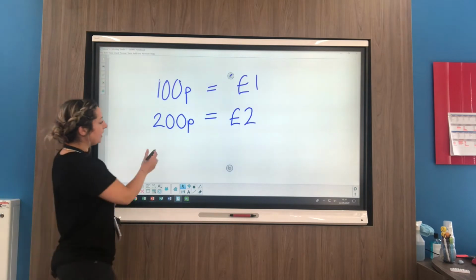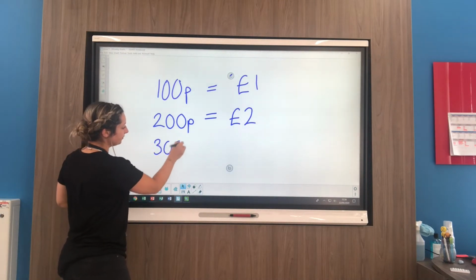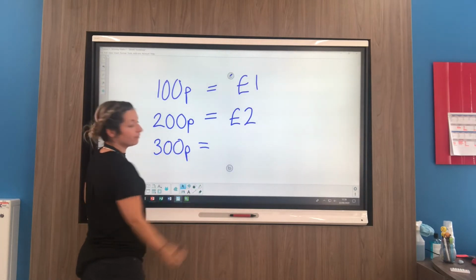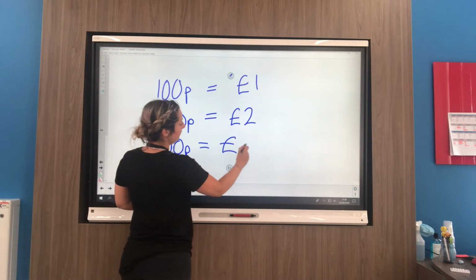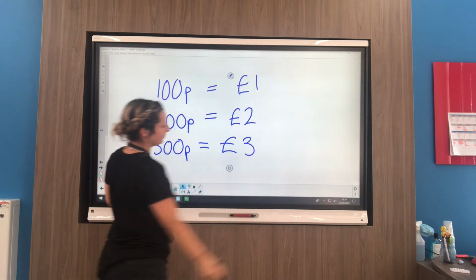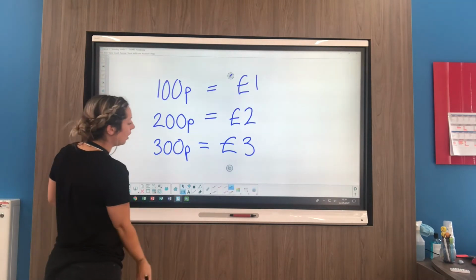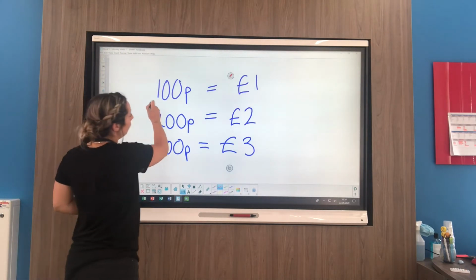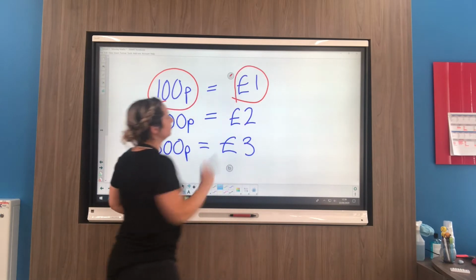What if we went up again to 300 pence? 300 pence would be the equivalent of £3. Okay, but the main rule that we need to know is the top one, because this helps us with the other coins as well. 100 pence is the equivalent, the same as £1.